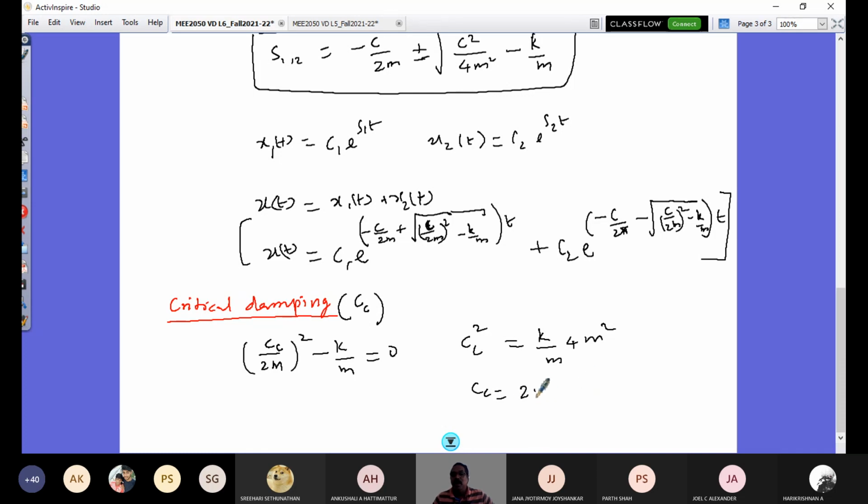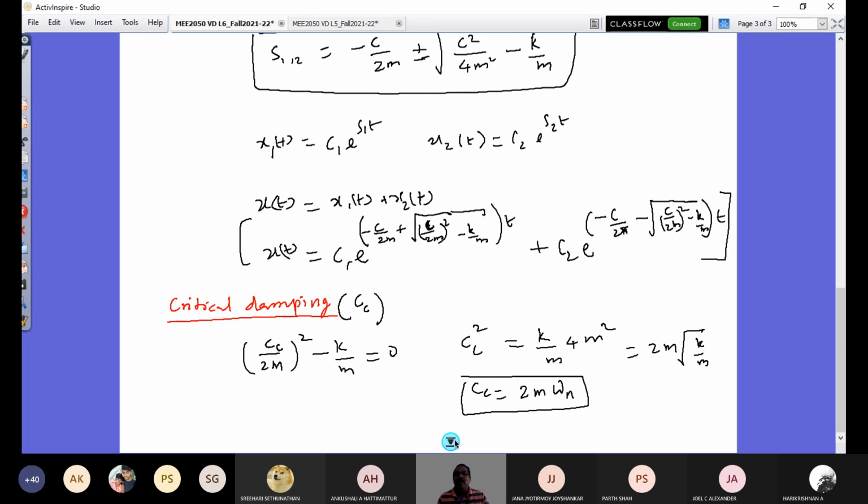So it's going to be 2m omega n. Why? Because it's going to be 2m under root of K by m. So root of K by m is omega n, and you get the critical damping is 2 times the mass of the vibrating system into the natural frequency of the system.